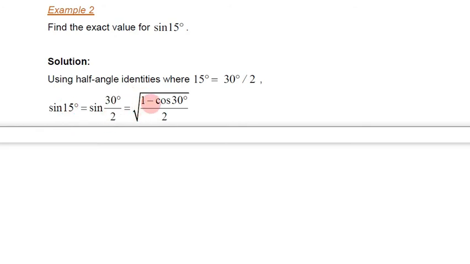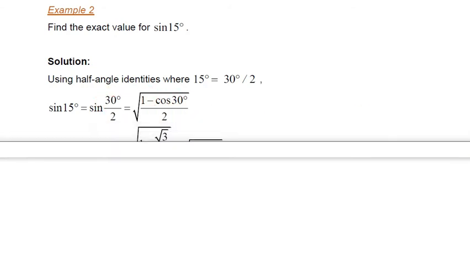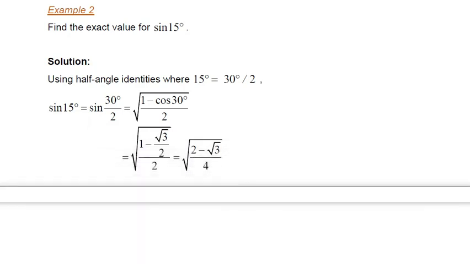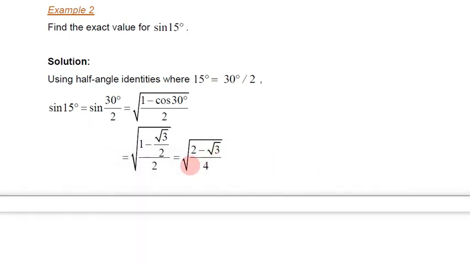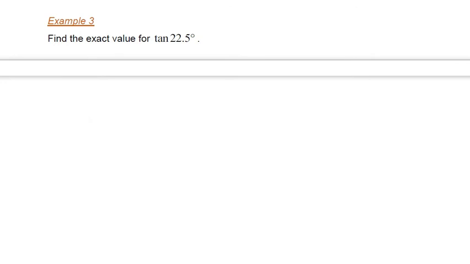The formula is 1 minus cos 30, divided by 2. And we get the answer equal to square root of 2 minus square root of 3 over 4.